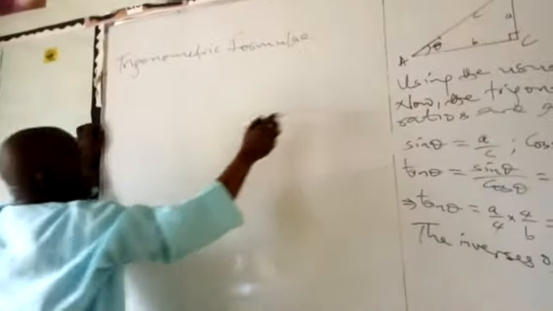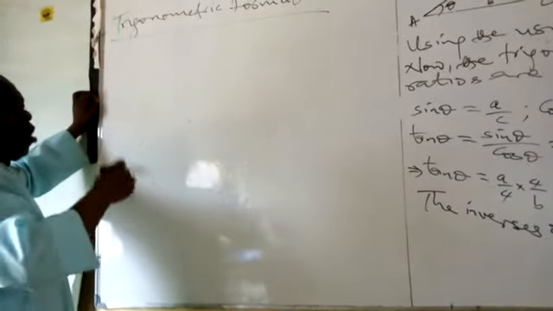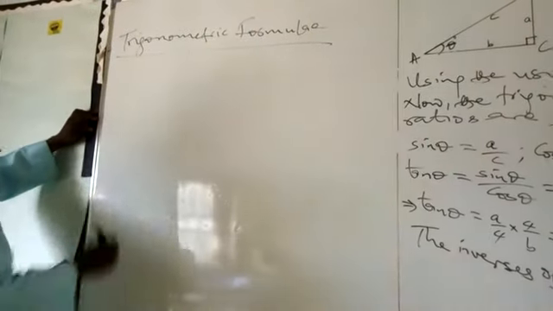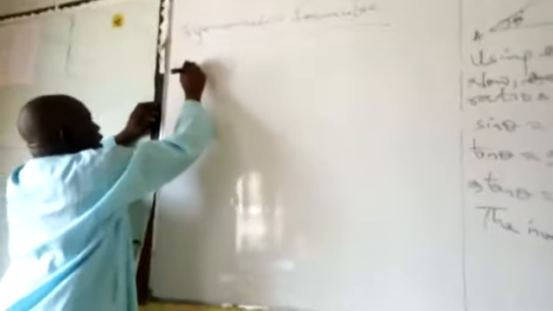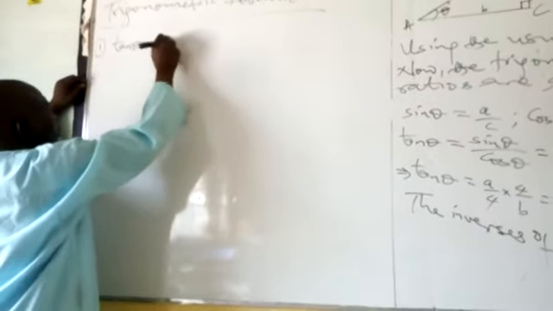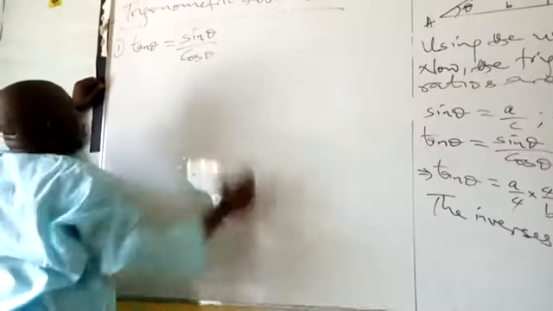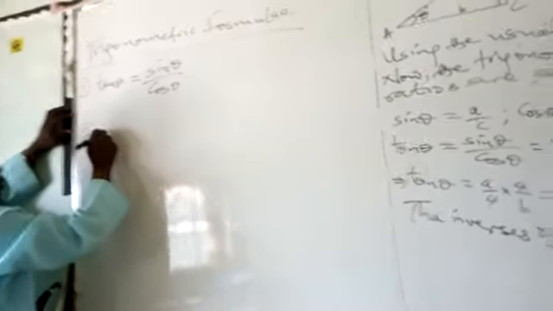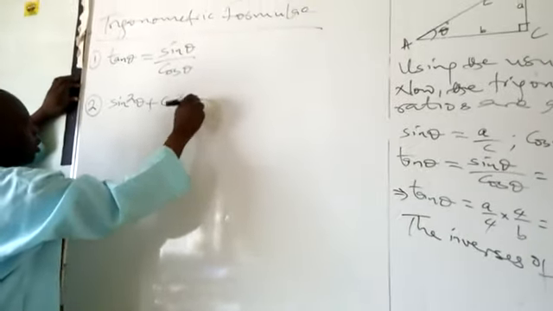The plural form of formula is formulae. If it is 1, we call it formula, but when you have more than 1, we call it formulae. So trigonometric formula 1: we said tan theta is equals to sine theta over cos theta. Then 2: we have sine square theta plus cos square theta is equals to 1.